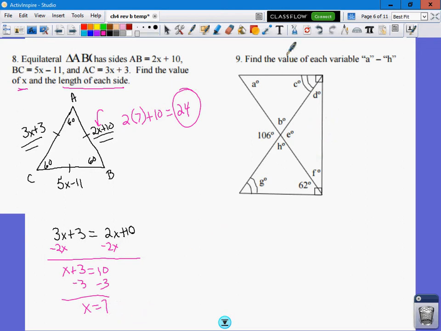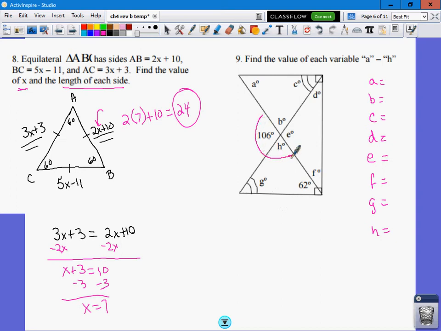Okay, when you're working a problem like number 9, you're going to work the picture before you actually answer the question. A equals B equals C equals D, E, F, G, and H. I'm going to come over and work whatever I can find in the picture first.